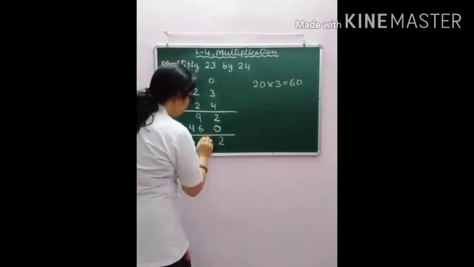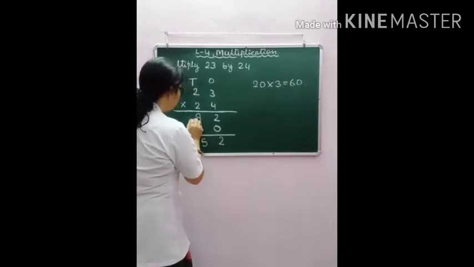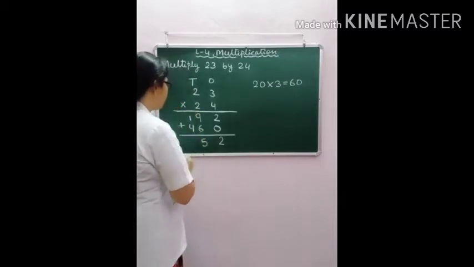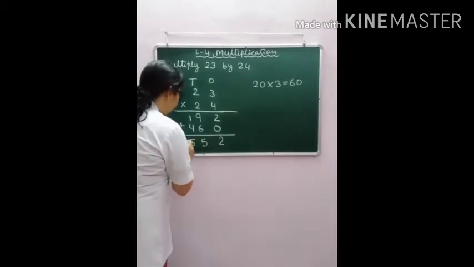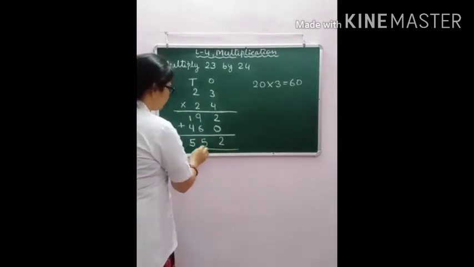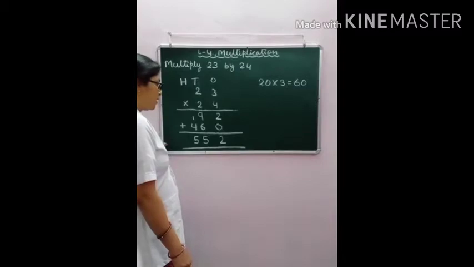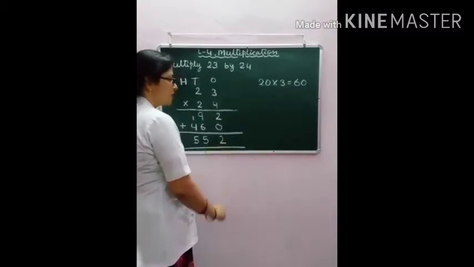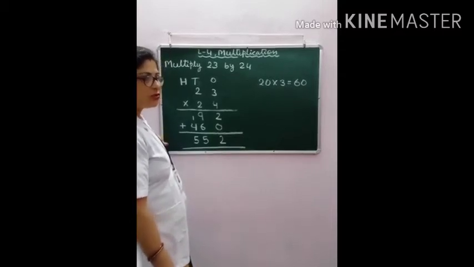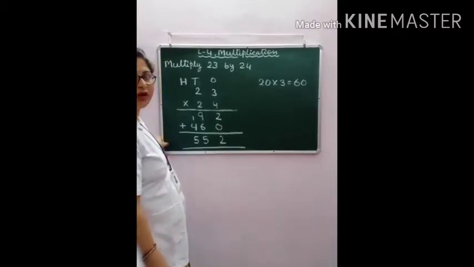We will write 5 here and 1 will be carried forwarded to the next place. Now 4 plus 1 is 5. The number what we have got after the addition is the product of these two numbers. Hope this is clear to you all.